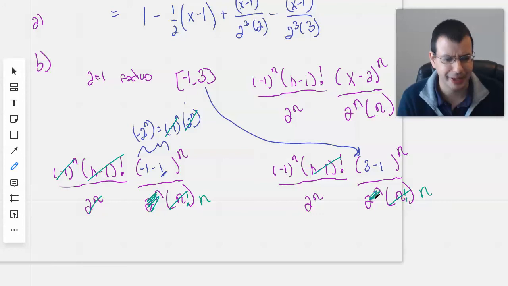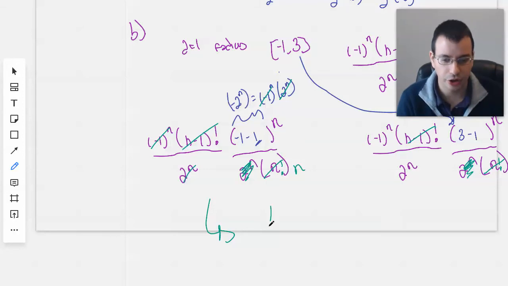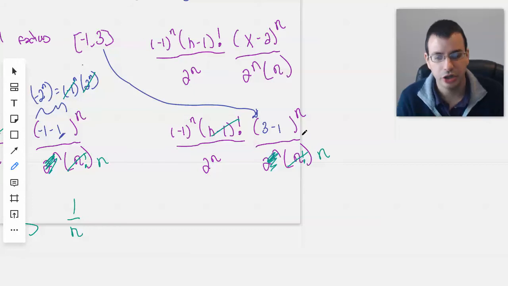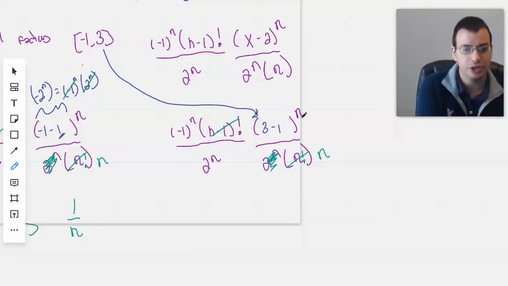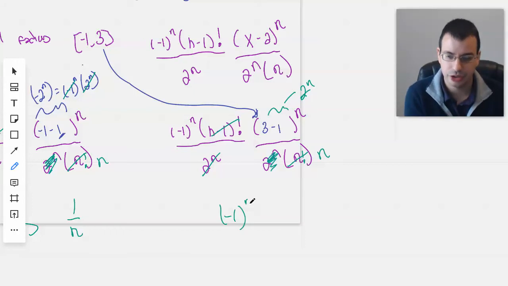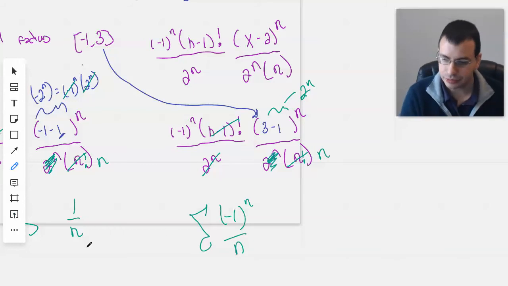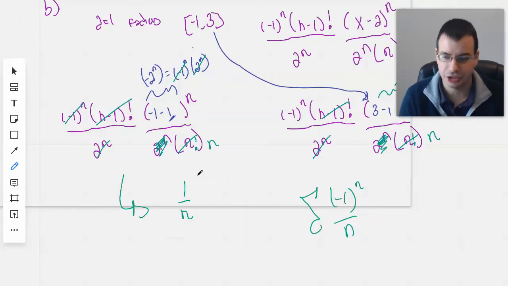Should have been there. Man, I'm making all sorts of mistakes. So what you're left with in this case is 1 over n. And in this case over here, we have 3 minus 1 to the n, which becomes 2 to the n, which cancels. And here we're left with (-1) to the n over n. So I did not show that as clearly as I should have.